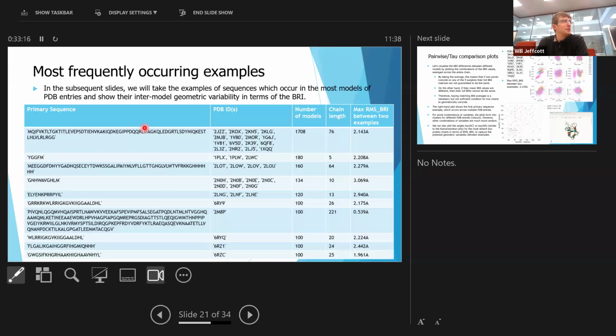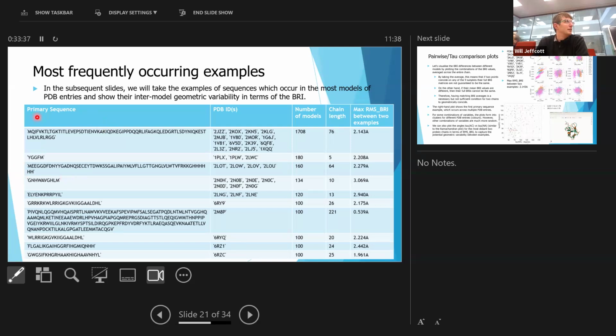In the subsequent slides, we'll take the examples of sequences which occur in the most models, PDB entries, and show their geometric variability within different models in terms of the BRI. So we've got the 10 most prominent examples here where the counts are the highest.